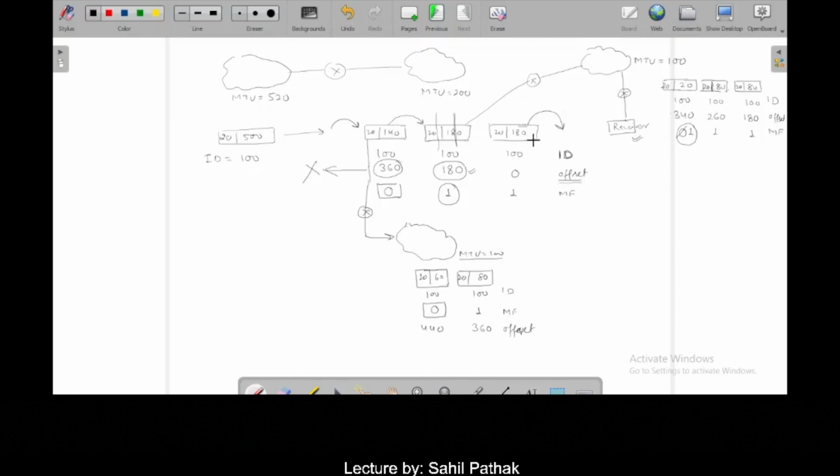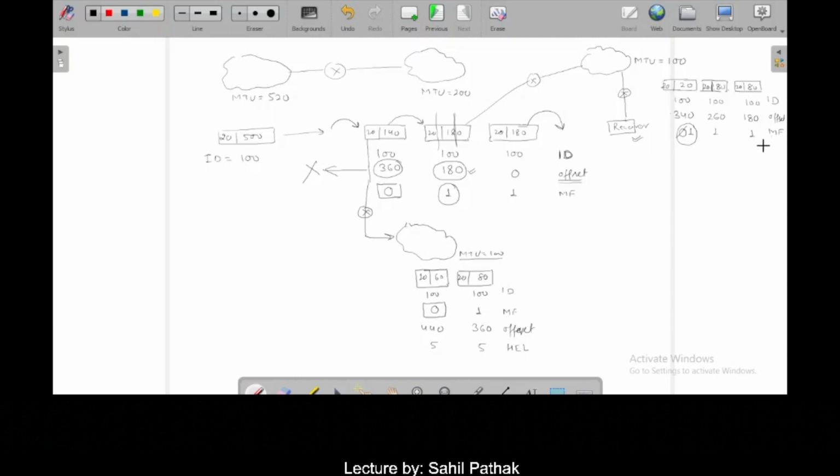उसके लिए आपके पास सिंपल मेथड है, क्योंकि राउटर के पास क्या है, हेडर इंफॉर्मेशन है, और हेडर में आपके पास एक फील्ड है एंड दैट इज हेडर लेंथ. Header length, when you multiply it by the 4, you will get the actual header size, and in this case we have 20 bytes of header. That means header length value would be 5, and 5 for every fragment is having 20 bytes of header.